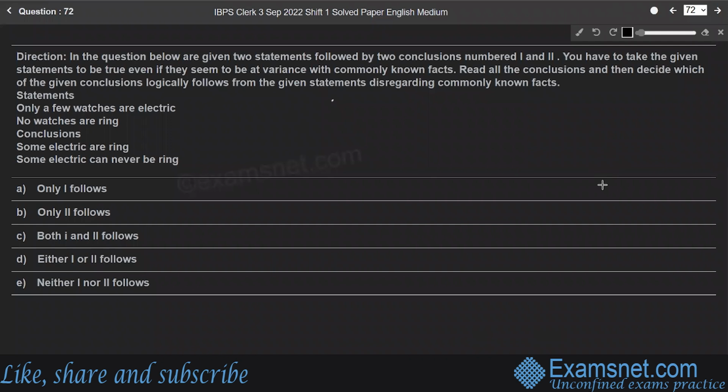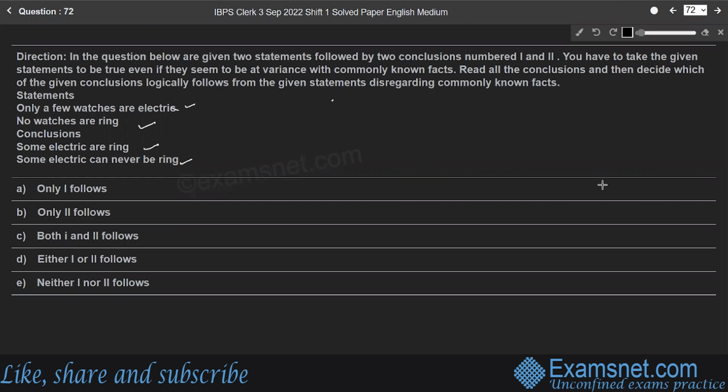Question 72. Based on these two statements, we have to decide which of the given conclusions logically follows from the given statements, right? So let us draw these statements in the form of a Venn diagram. First statement, only a few watches are electrics.